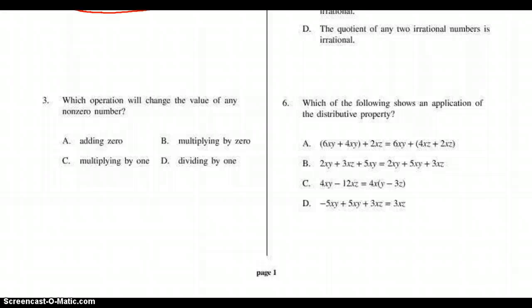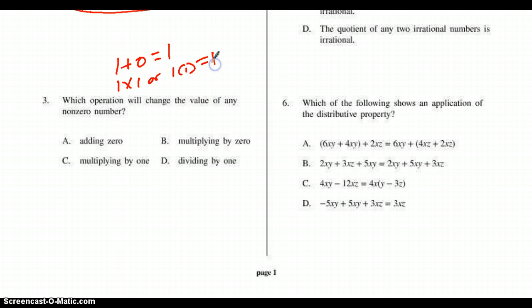Number 3 says, which operation will change the value of any non-zero number? Now, think about this. We have 1 plus 0. That's going to give us 1, so it didn't change the value. Then we have 1 times 1.